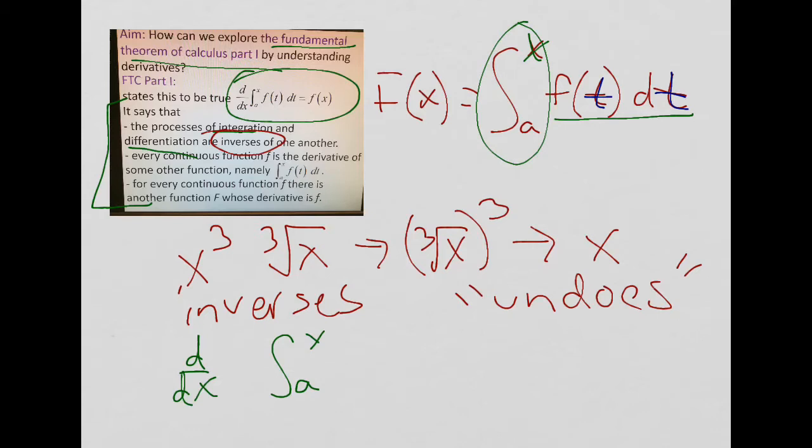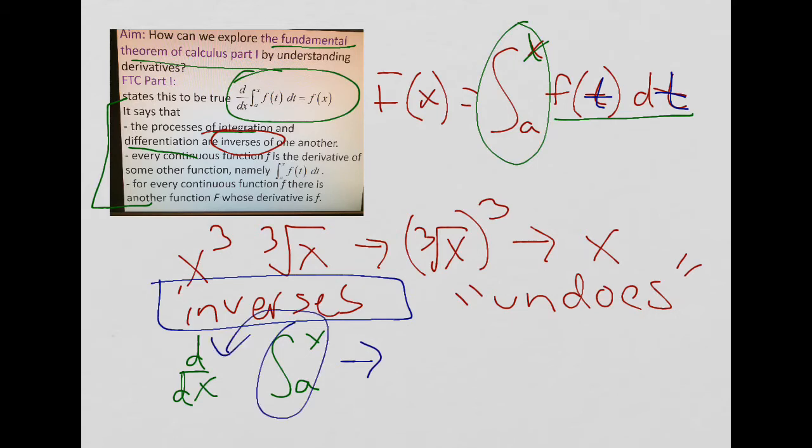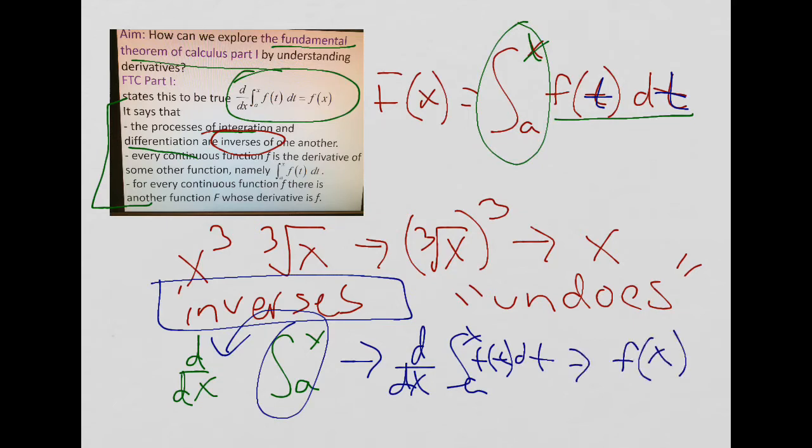So what that means, if they are indeed inverses, if I take this and plug it into the derivative, I take the derivative of that, I'll write out the whole notation, then you're getting f of x. One undoes the other. It's the x that we're getting just like we did before.